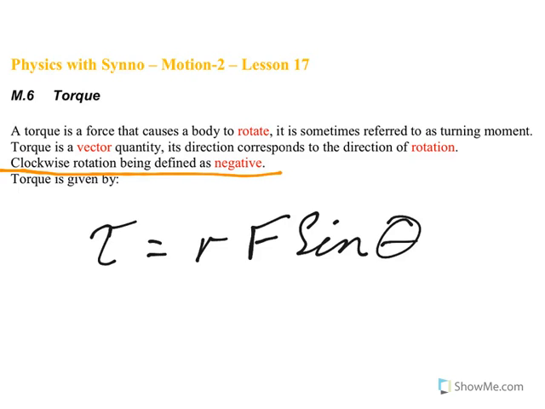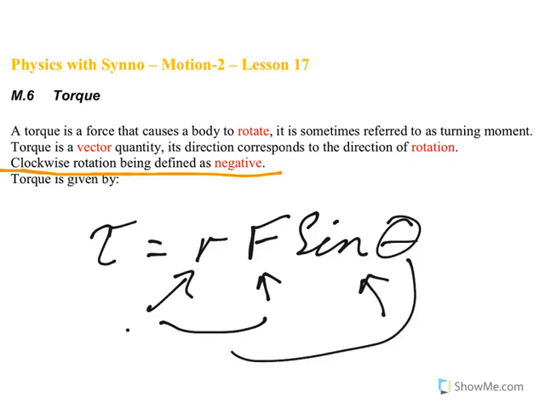F of course is the force, R is the actual distance that the force is being applied from the point of rotation, and theta is the angle between the force and, oops, sorry, wrong arrow. So theta is the angle between these two things.